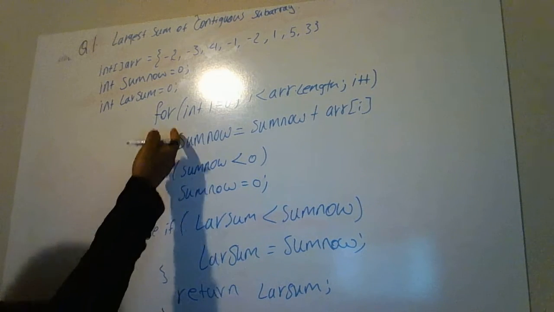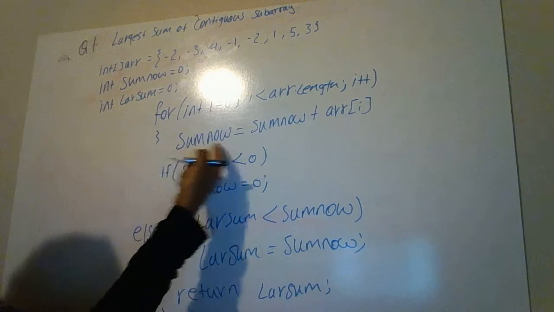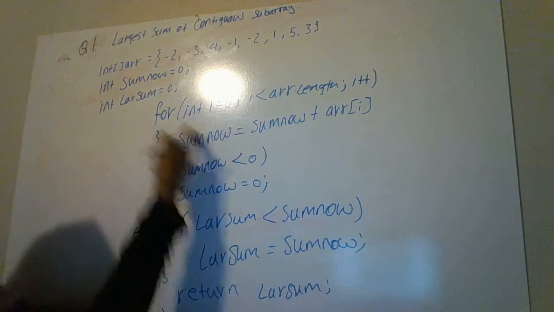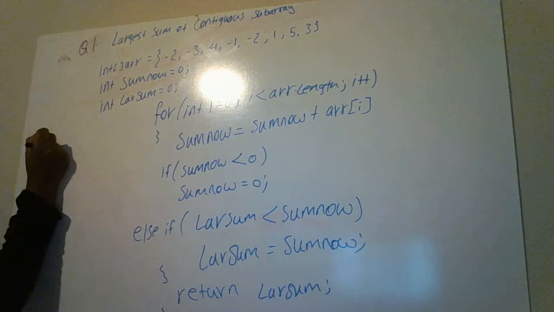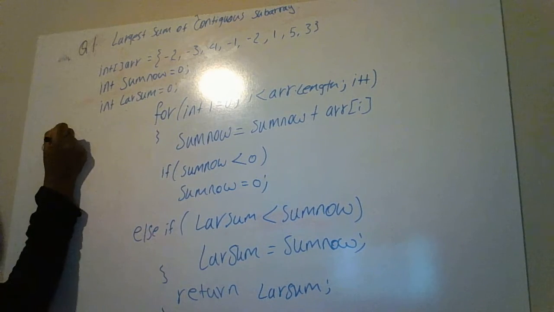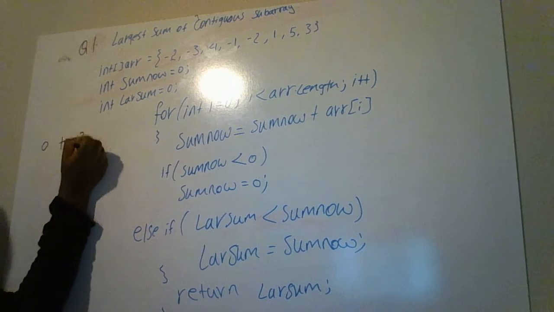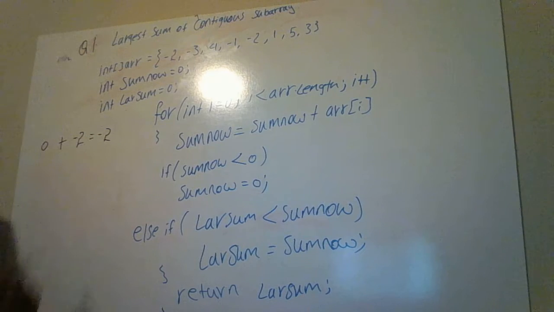For each item, we're going to add it to the sum now. At the beginning, sum now is 0 because we start from 0. So we have 0 plus -2, which gives us -2.